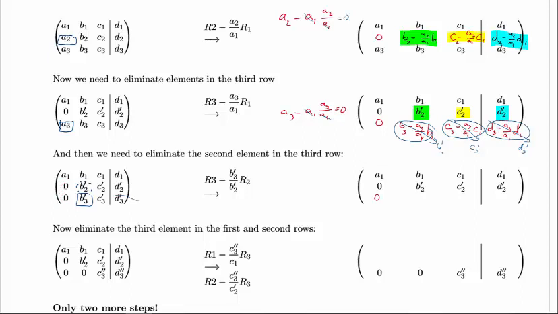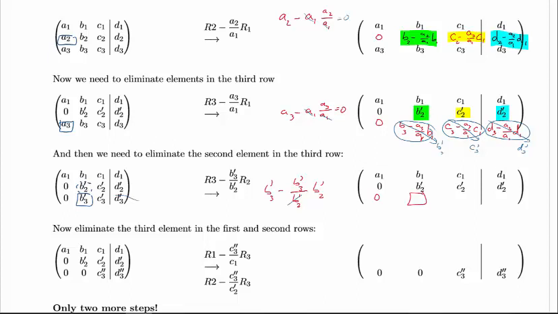Next element, the element right here, we're trying to make that equal to 0, and note that the element in R3 was B3 prime minus the number B3 prime over B2 prime multiplied by B2 prime, because that's the element right above it.